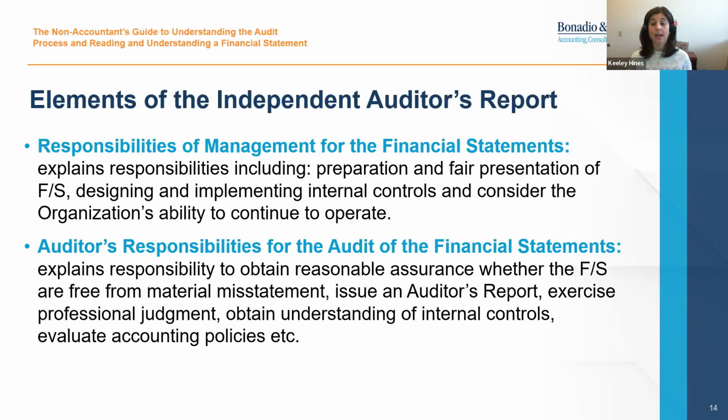And so when we use that word material, it's a threshold that is determined for each of our clients. We say, hey, if a misstatement of this dollar amount happens, we think the financial statements could be misleading. But anything below that amount, yeah, they're not going to be perfect, but we can't look at everything. We can't tie out every number.